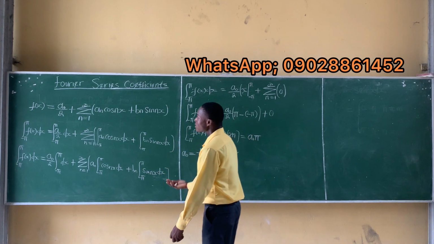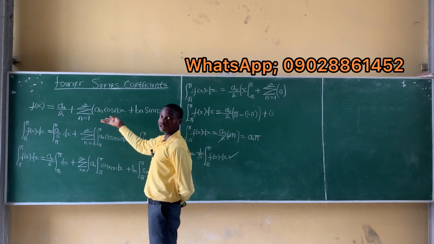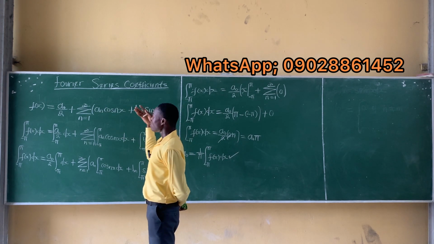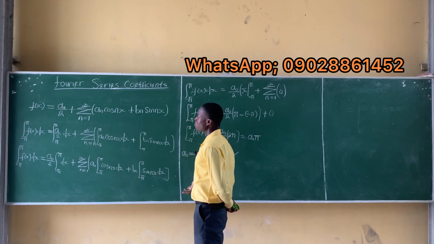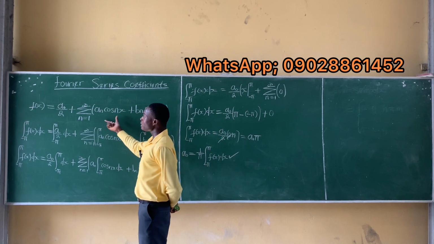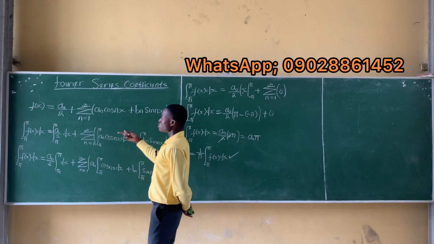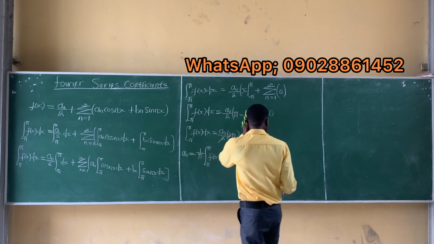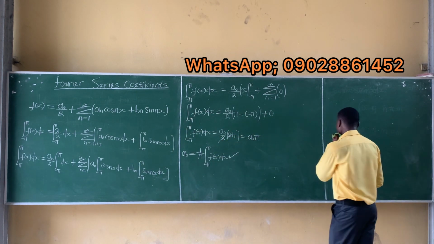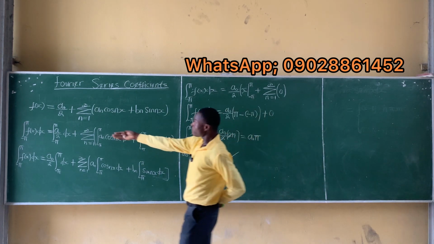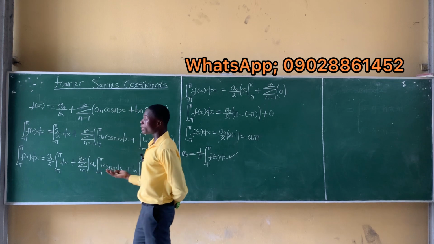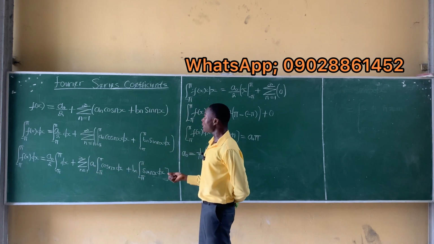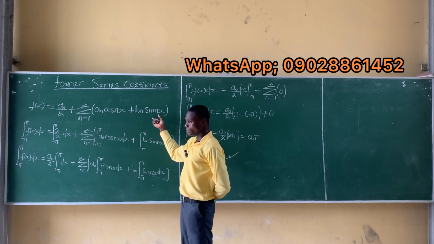Now, Joseph Fourier asks us to multiply this function by sine and cos, and then also integrate from minus pi to pi. The first one, I would like to multiply this function by cos first, then integrate. So we have f of x here. Remember, the functions we are multiplying by are cos nx and sine nx.